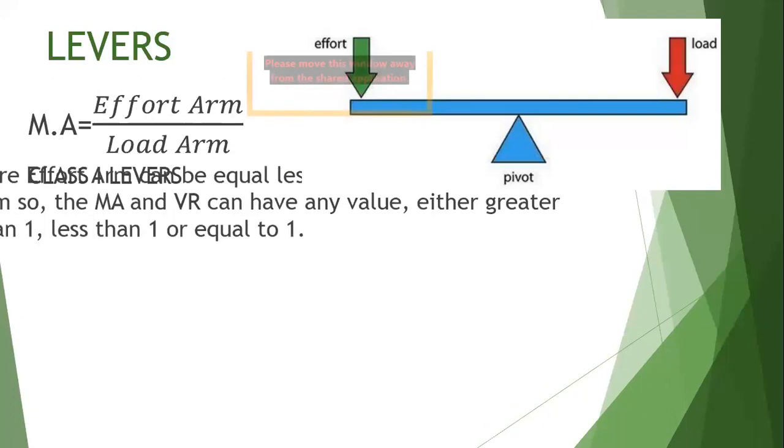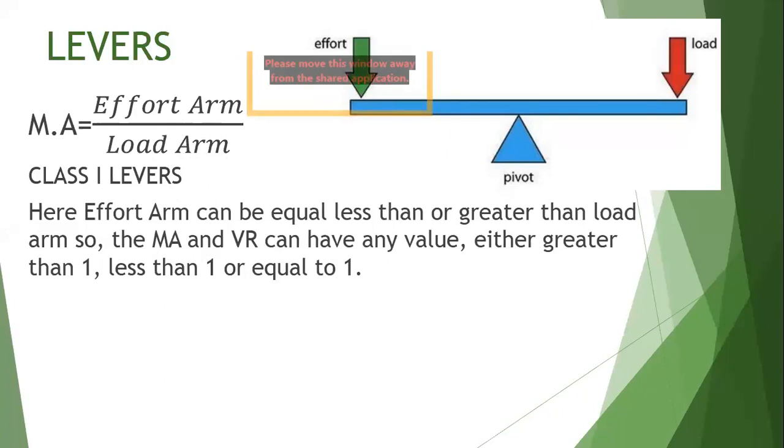Now, what is the interesting part of this class 1 lever? Here, you will find that the effort arm can be equal to, or less than, or greater than the load arm. Now understand how this is possible.